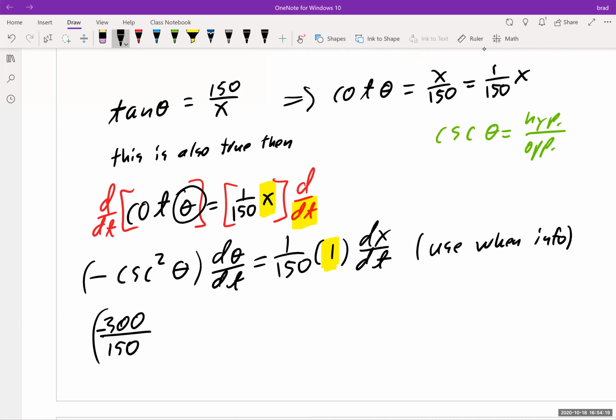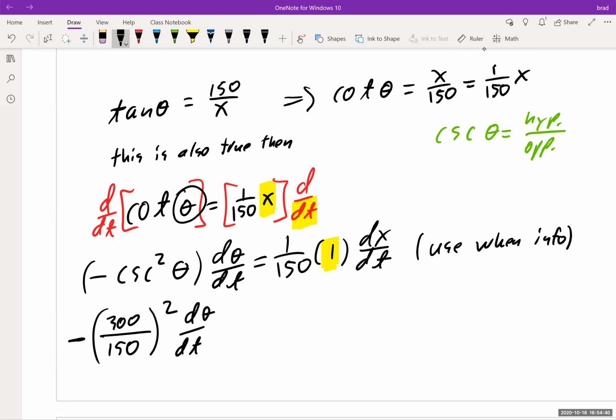And then it's negative outside, and then you square that, because it's cosecant squared. You put the negative on the outside of the squared; you don't square the negative as well.